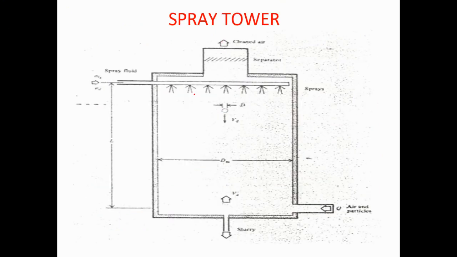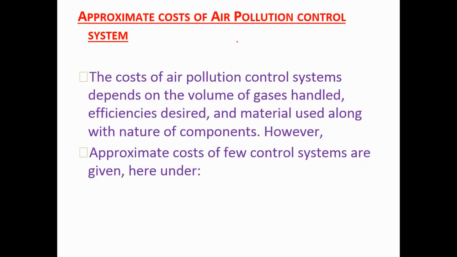In the spray tower, the spray nozzles are at the upside, and the dusty air is passed here, and after spraying, these dust particles come in contact with the water, the particulate matter is collected below, and the clean gas is passed out over here.